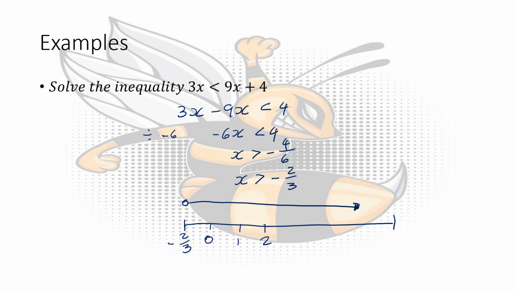So we just draw a number line, and then we indicate, okay, are my values going to be bigger than minus 2 over 3 or smaller than minus 2 over 3? In this case, remember that on the number line, if it's equal to, we use a closed dot, meaning if we have greater than and equal to or smaller than and equal to, we use a closed dot. If it's open, we use just bigger than or smaller than. Okay.